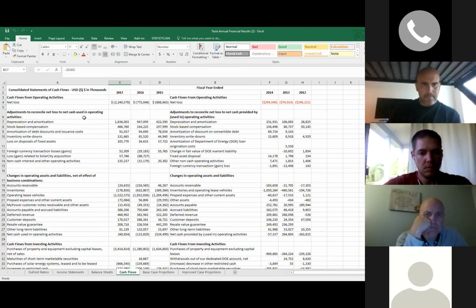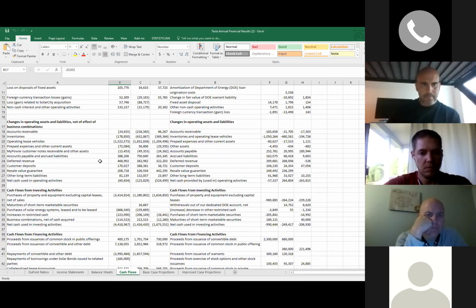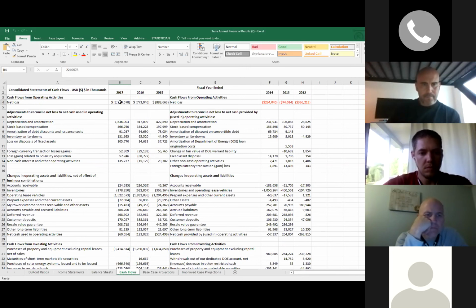You'll notice, for example, that on the operating side, they start off with a rather large negative cash flow, which is not really that cool, and mostly it's because of the net loss. Then they have some other adjustments to make.